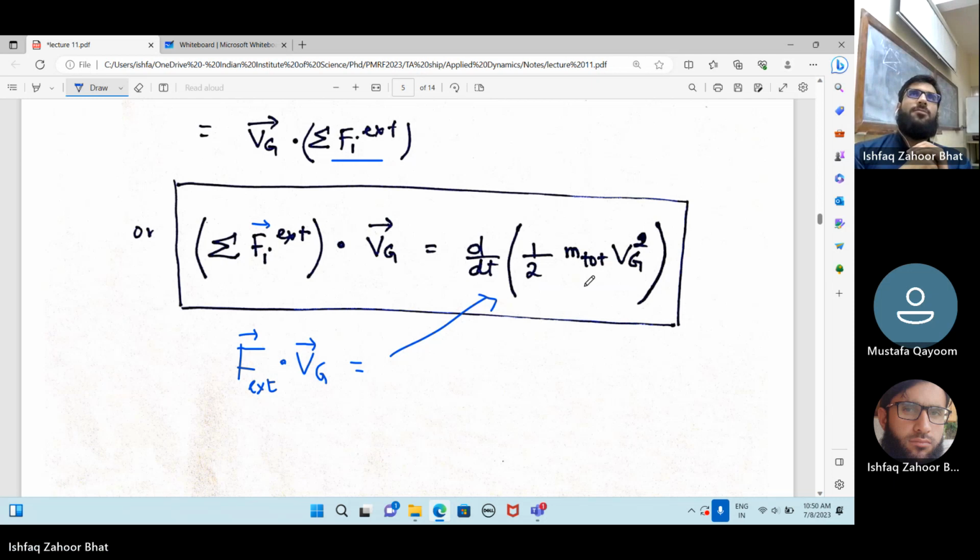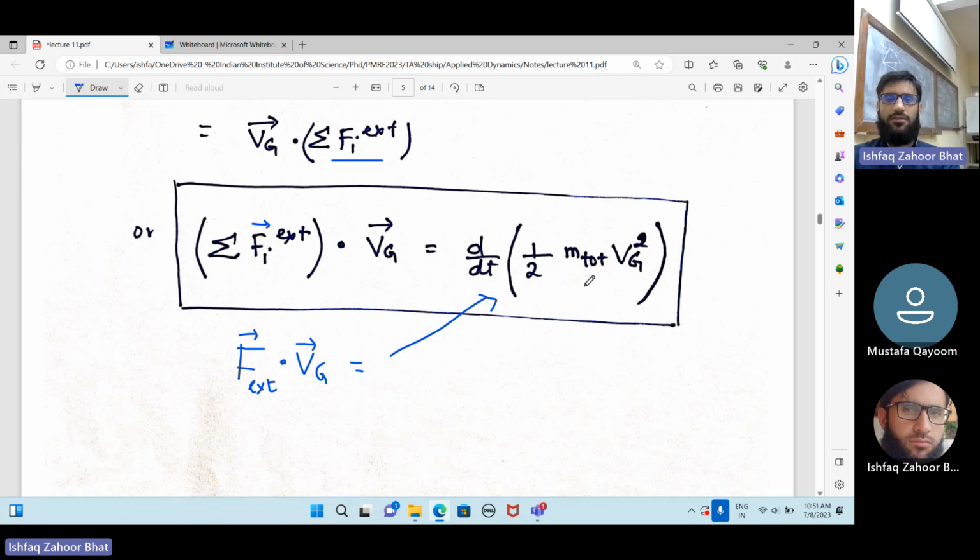So the bigger picture is that you calculate the kinetic energy of the center of mass. It is nothing but the net external force on the system times the velocity of the center of mass. So if the net external force acting on the system is 0, the kinetic energy of the center of mass will not change.